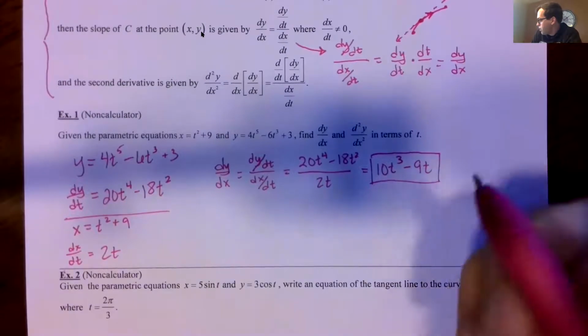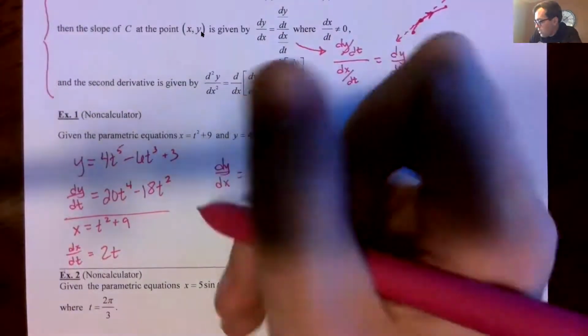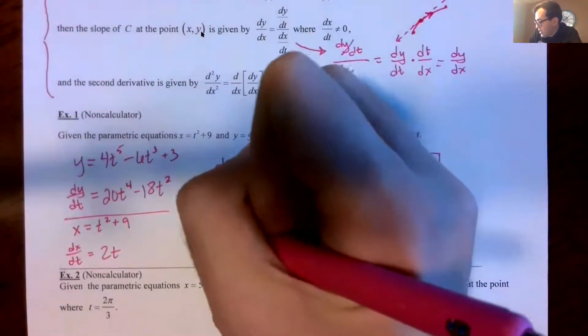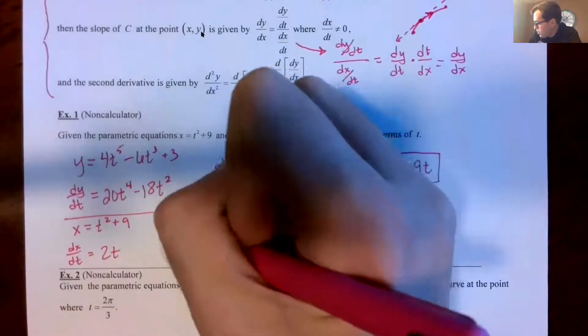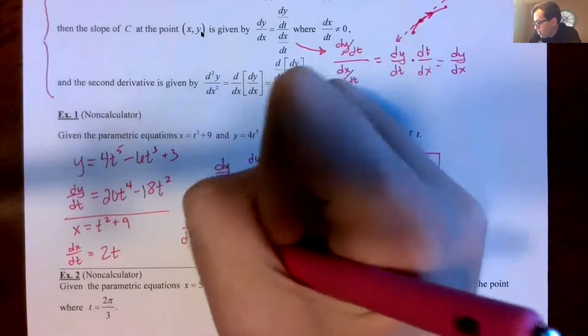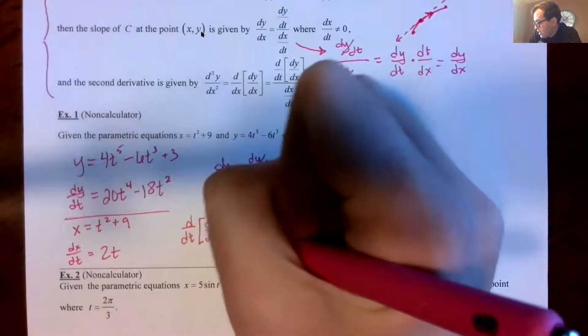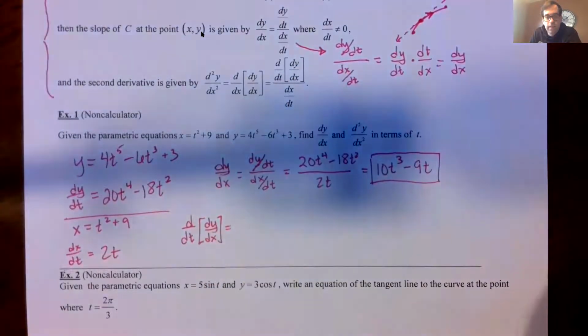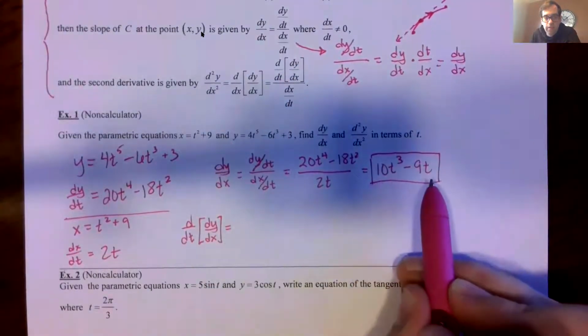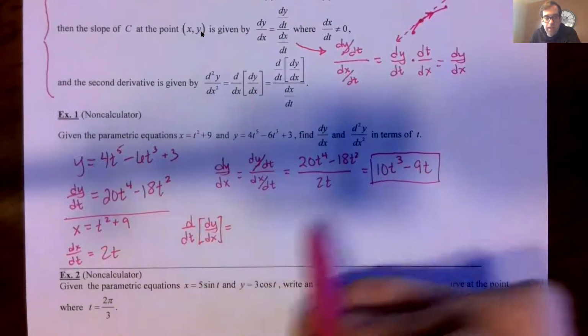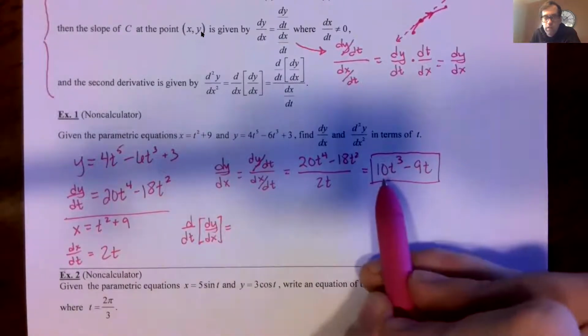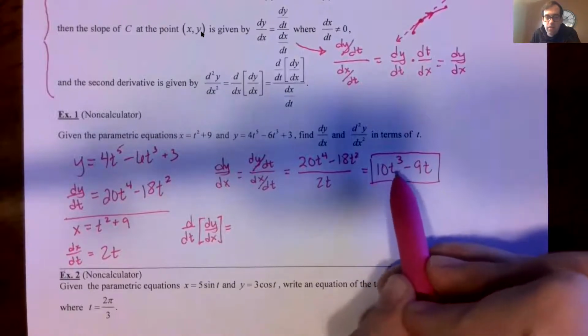I'll show you. So first thing we need is the derivative of dy/dx in terms of t. So we're going to take this first derivative, dy/dx, that we found, and derive it in terms of t, which is the way that you would expect to derive this using the variable t.